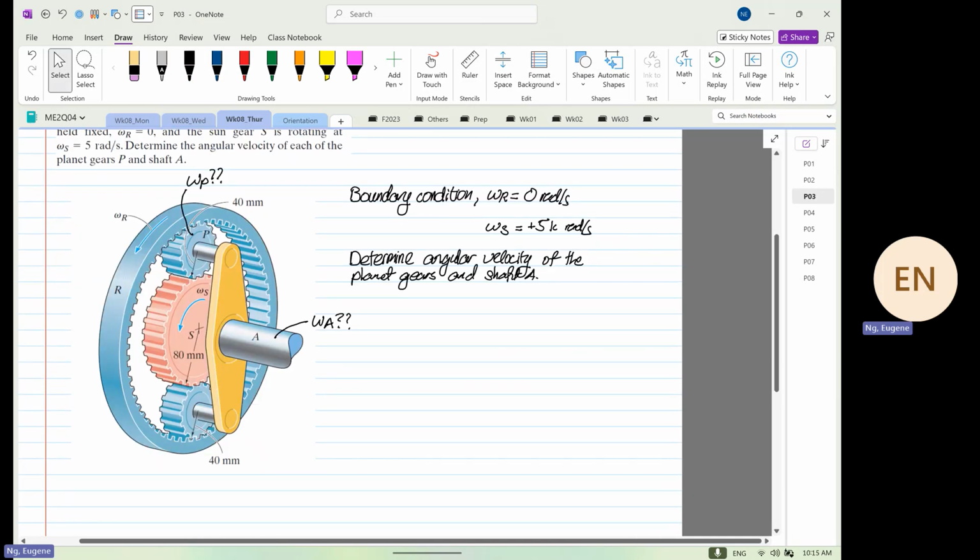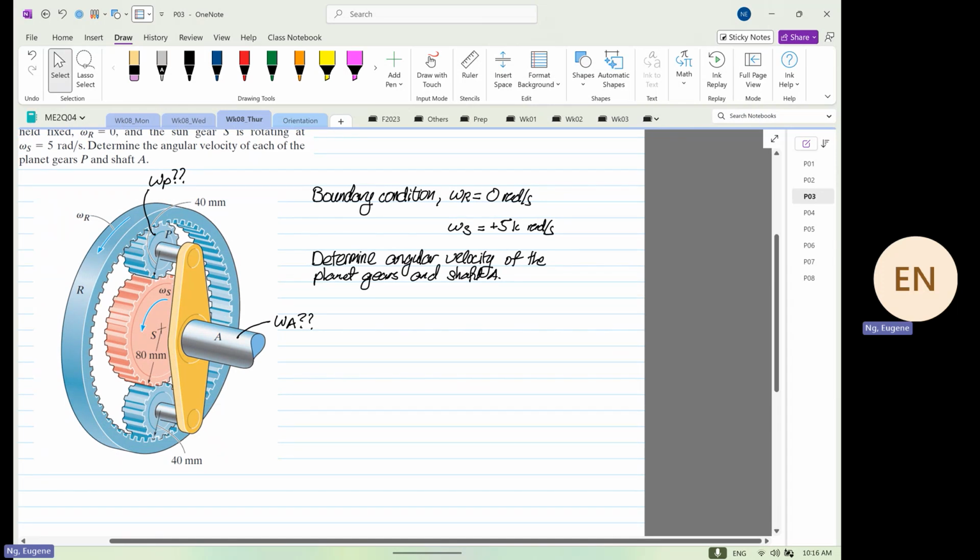Right. So once we see the diagram like that, don't panic. Okay, it looks 3D, but it's not that bad.